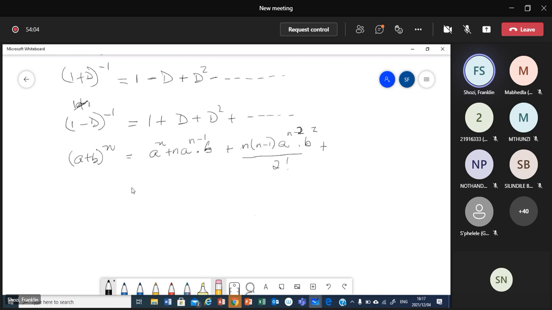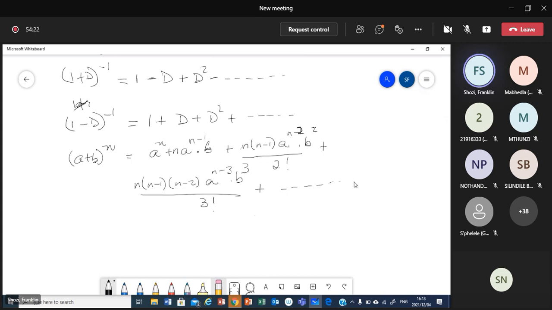Plus the next term is built from the previous one: n, n minus 1, n minus 2, A to the power n minus 3, B cubed, all over 3 factorial, plus dot.